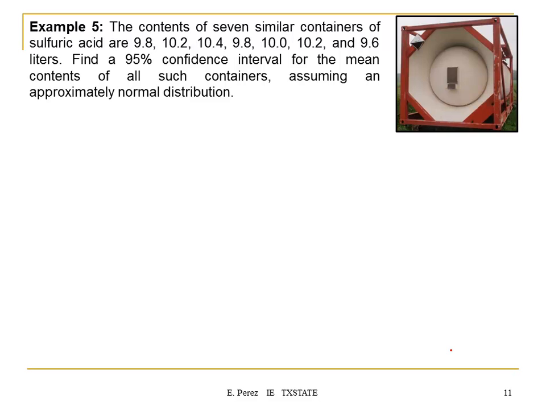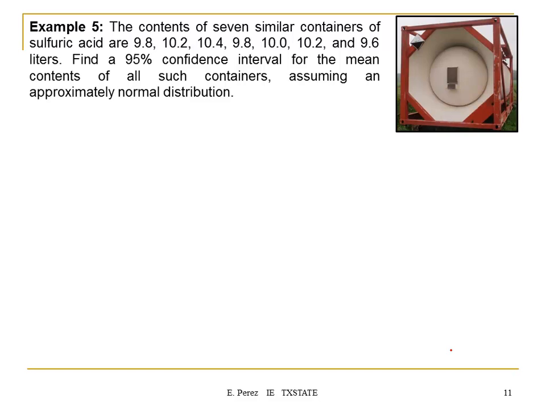So let's look at this example. The contents of 7 similar containers of sulfuric acid are 9.8 up to 9.6. So we have 7 observations for this sample, and we are asked to find the 95% confidence interval for the mean contents of all such containers, assuming that they are approximately normal.